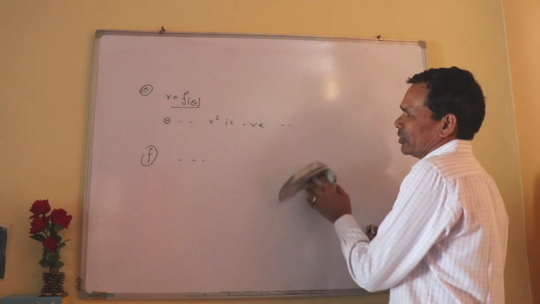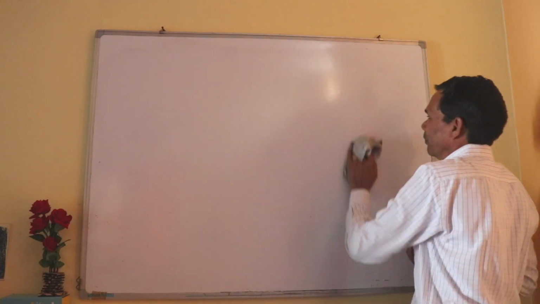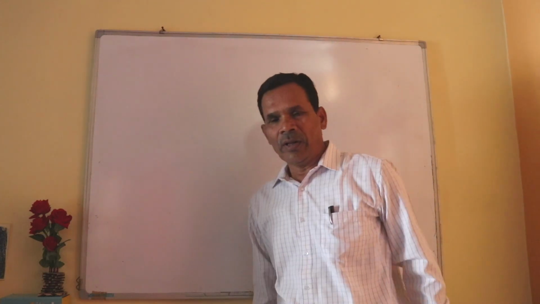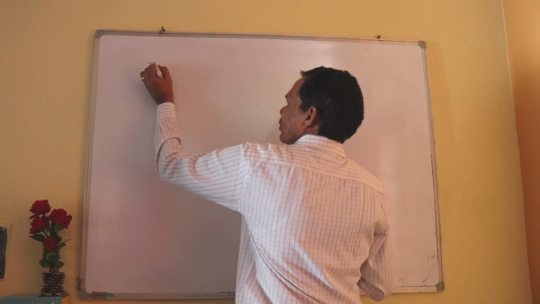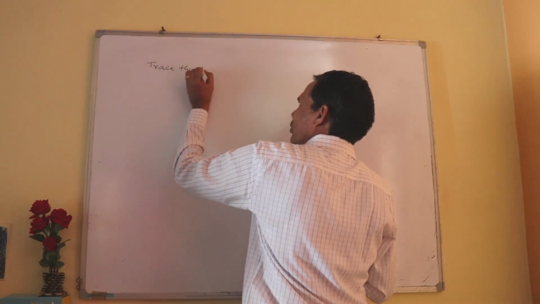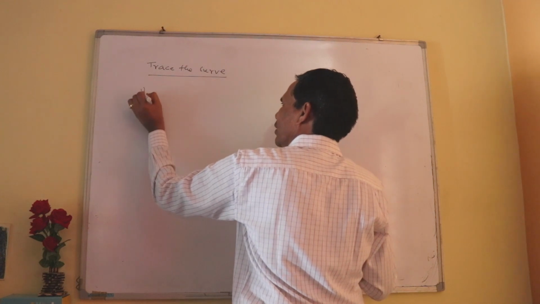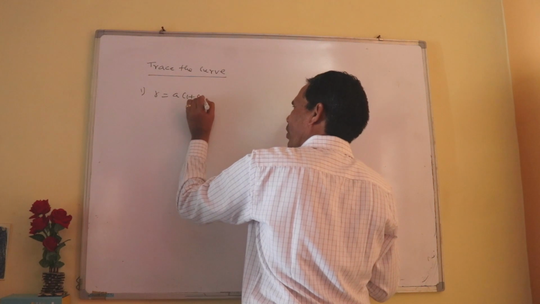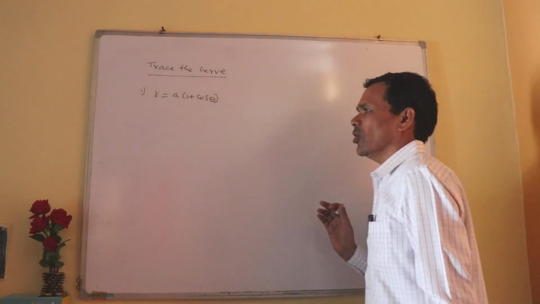So this is actually the procedure for tracing of the Cartesian, polar curve. Now we just take one curve and trace it, say r is equal to a(1 plus cos theta).